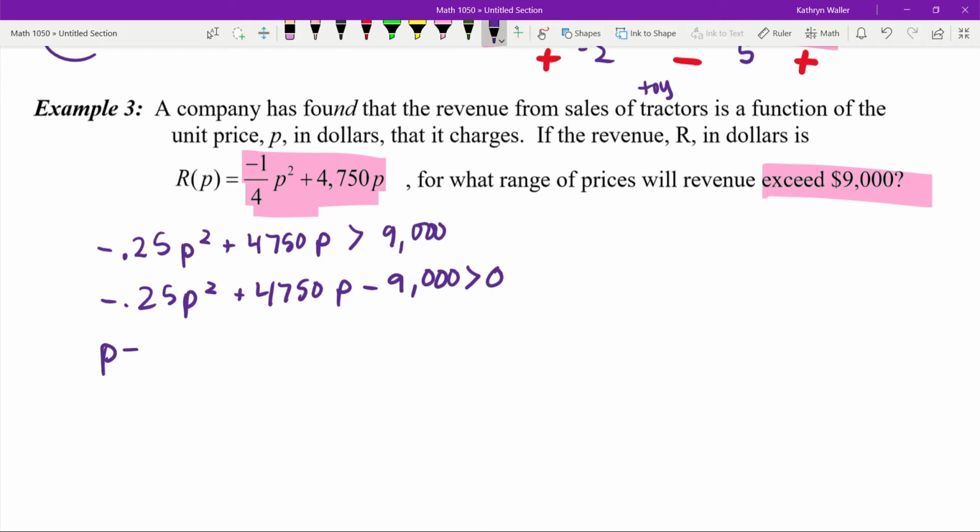Everybody write P equals negative 4,750 plus or minus the square root. Now I'm going to break a rule that I told you never to break. I told you never write this as something squared. But 4,750 is going to be huge.